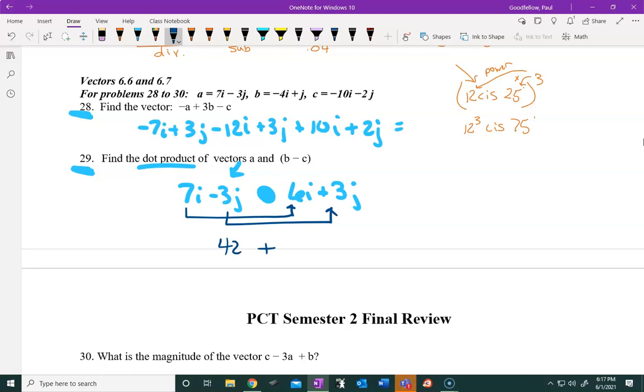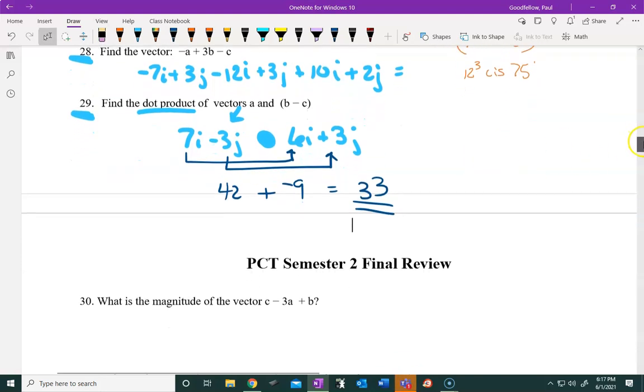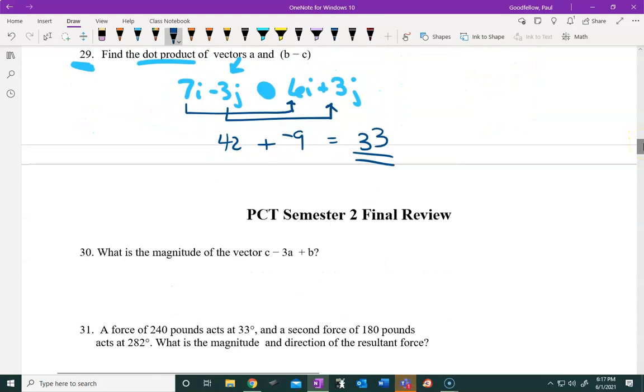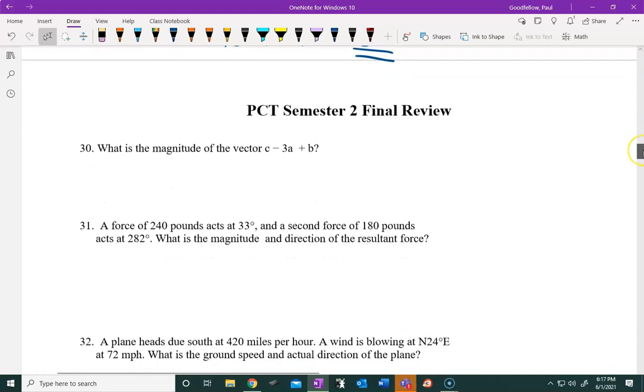So this would be 42 plus negative 9, and that answer is 33. Keep in mind that when you do a dot product, you get a scalar as an answer. Key things to remember is that if you get an answer equal to 0, it just means that the two vectors are perpendicular. Orthogonal is the word that they would use.